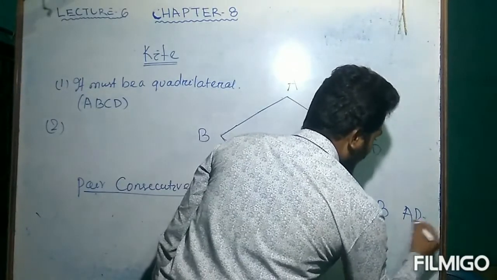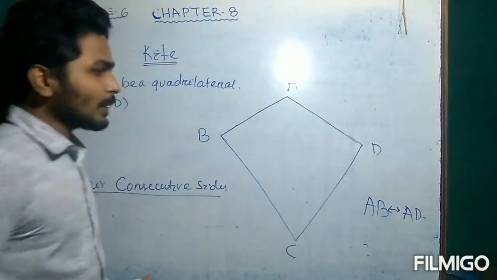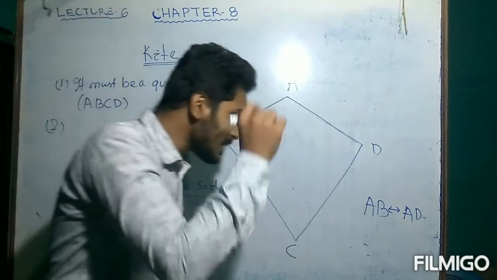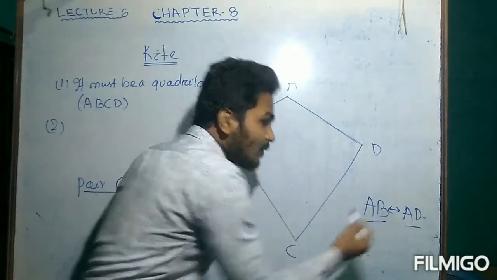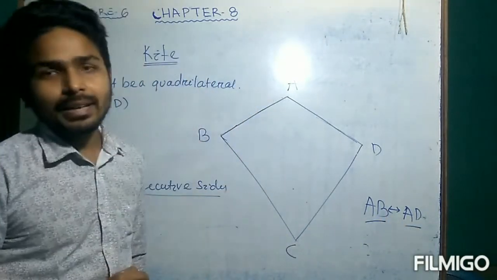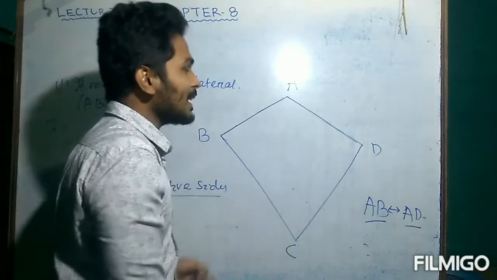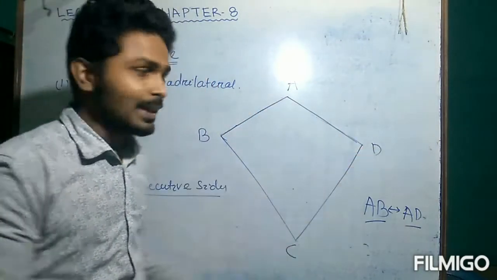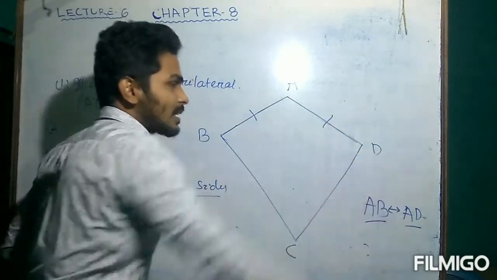According to the second property of a kite, the two pairs of consecutive sides are equal. It means the length of AB must be equal to the length of AD.